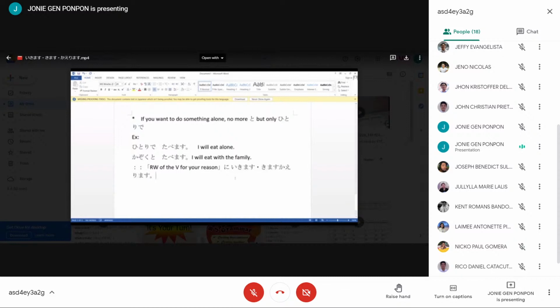Okay, so that's the next basic sentence pattern, the root of the verb, and then ni particle, and then ikimas, kimas, and then kaerimas.